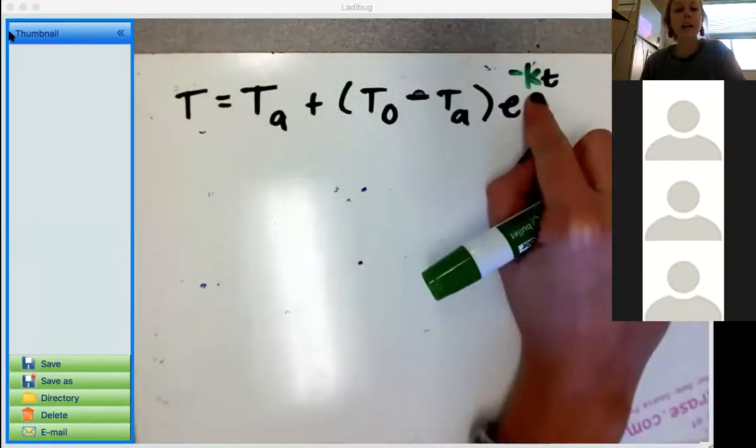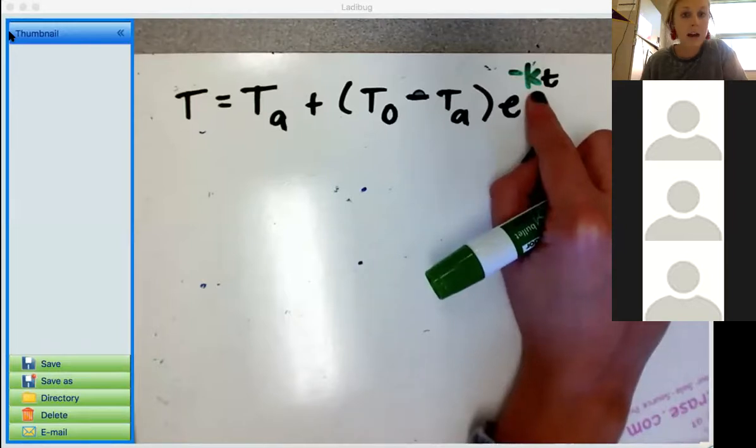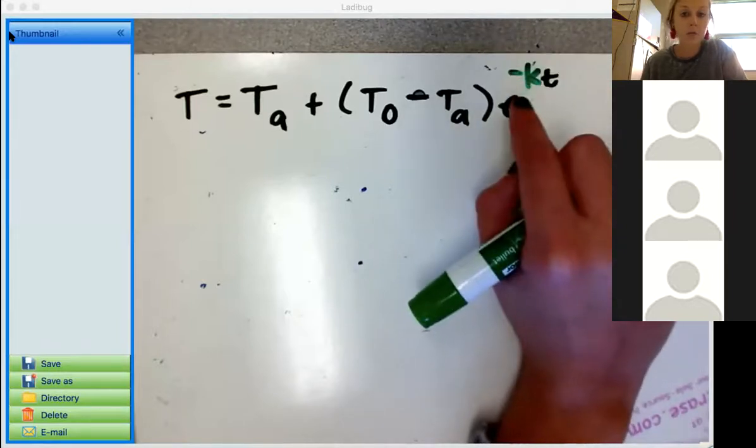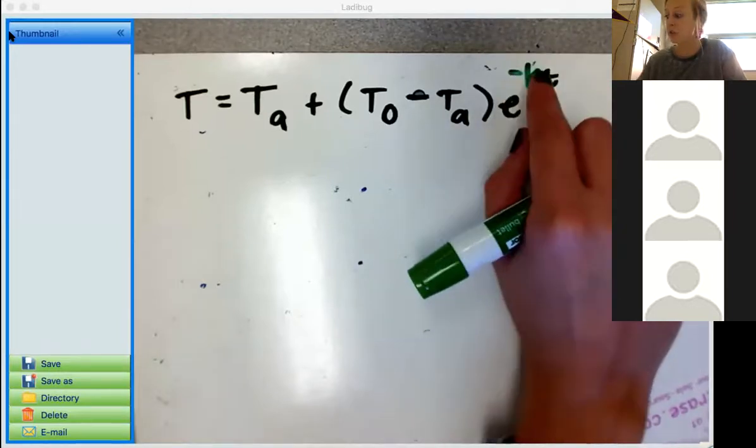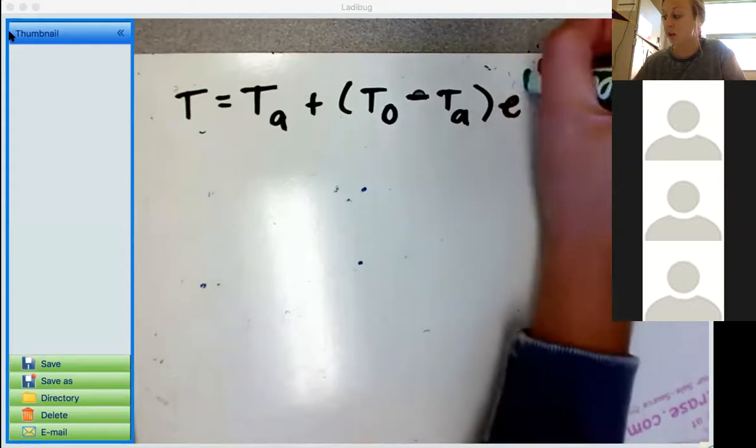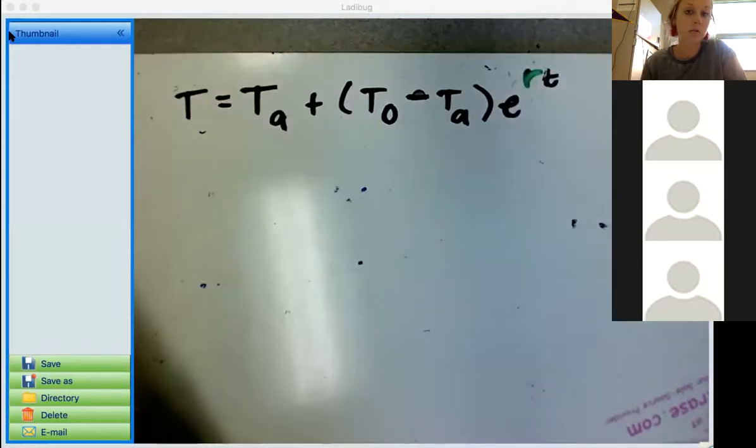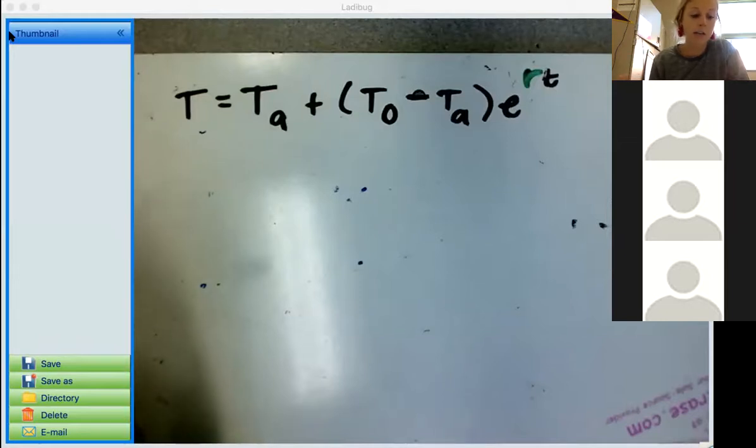They use a negative K in Delta Math. It does not matter because when you solve for K, you'll end up dividing the negative out. So it doesn't matter. Use whatever they give you. Or if you don't like this, you can just make it this. You'll get the same thing because you end up dividing out the negative at the end anyways, okay? So don't let that throw you off if that's what threw you off.